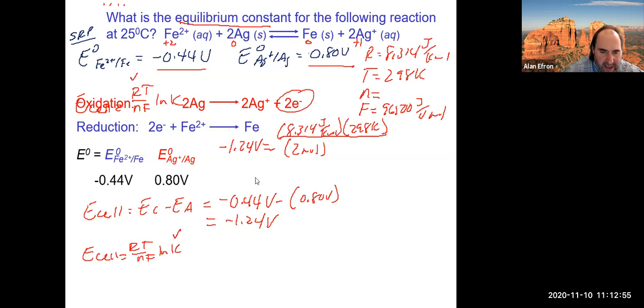Again, we can see that from the half reactions here. And our F, which is our constant, 96,500 joules per volt per mole, and that's going to be the natural log of K.